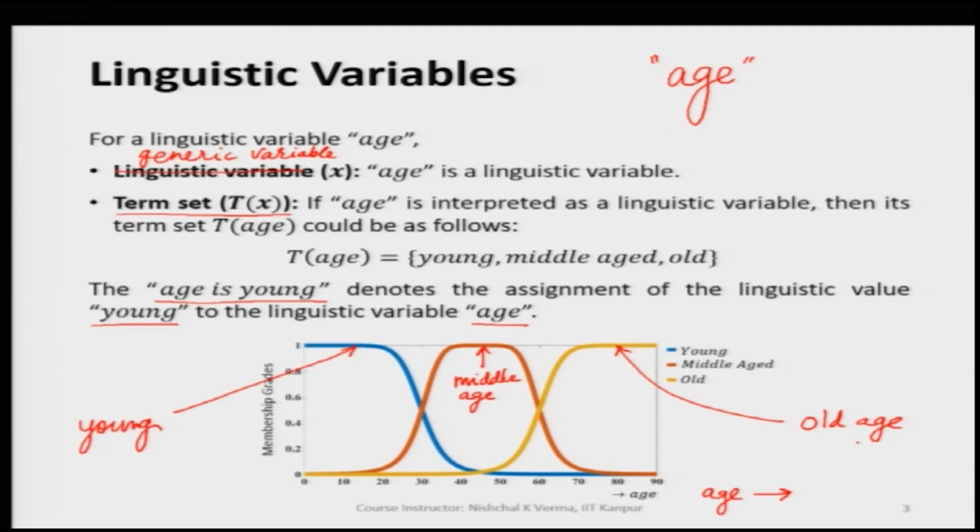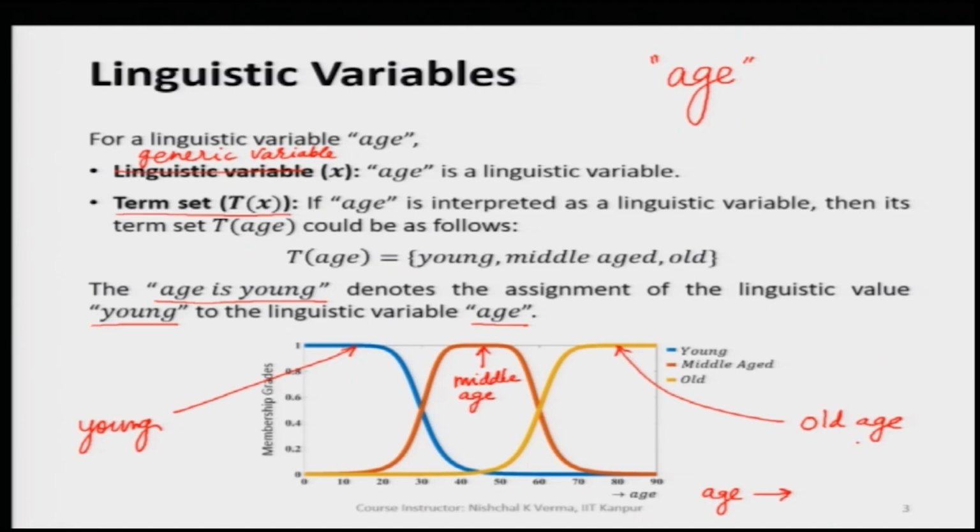This way a linguistic variable is normally represented, and in this case we have taken age as the linguistic variable, age has been divided into various fuzzy regions, and the collection of all these regions is a term set.